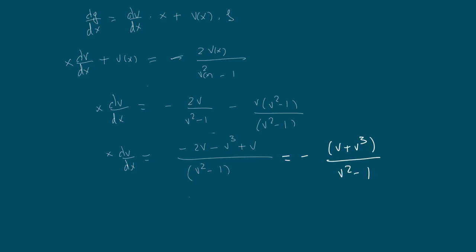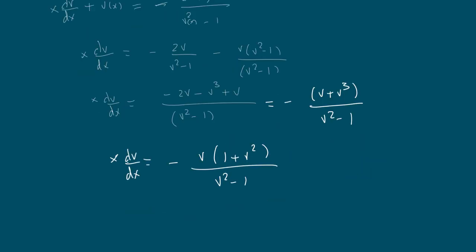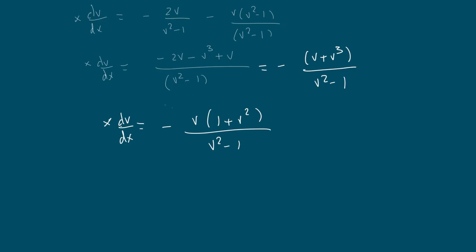Or in other words, x times the derivative of v with respect to x will be minus v multiplied by 1 plus v squared, divided by v squared minus 1. Now let's make the separation of variables.